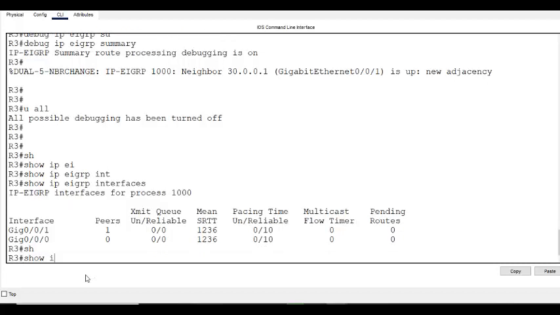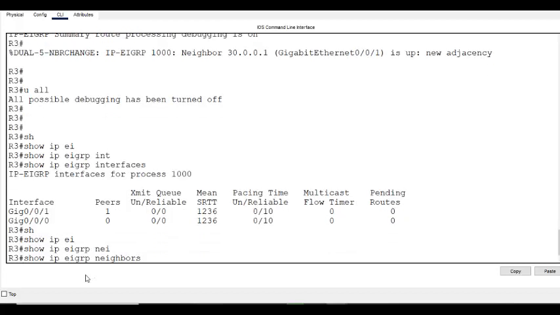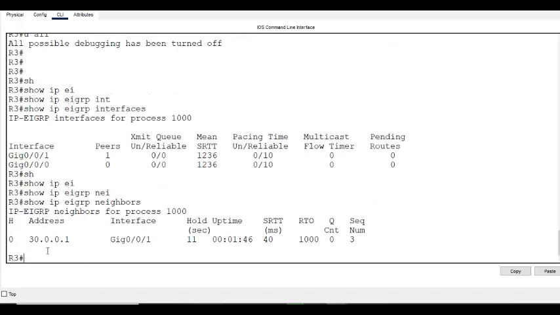Or tell me after how many seconds the hello packets are sent? Every 5 seconds it sends hello. After 15 seconds, the neighbor is considered as dead. If a router is not sending hello for 15 seconds, it is dead.